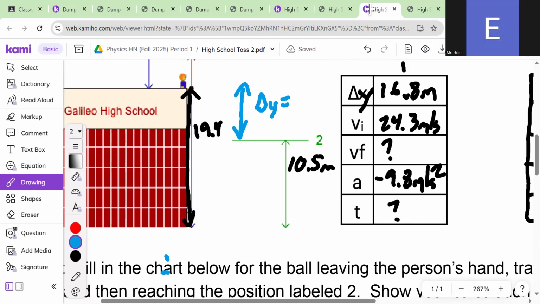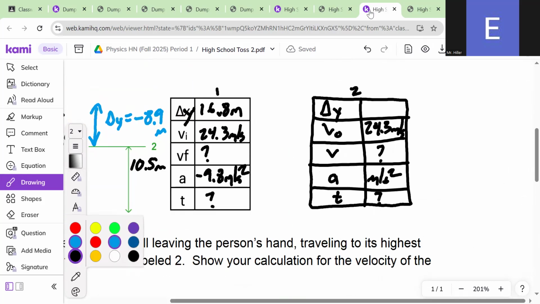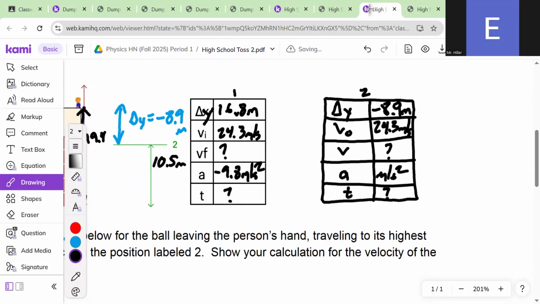So if I go 19.4 minus 10.5, that means the ball is falling negative 8.9 meters in my case. So just make sure you account for that displacement as being negative because it will be below the height of your building.